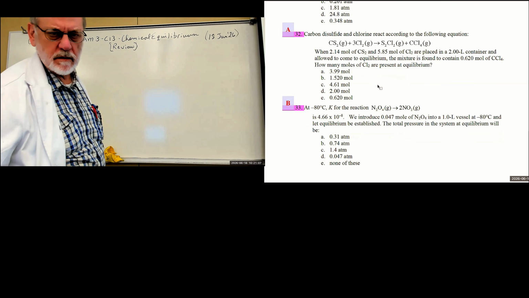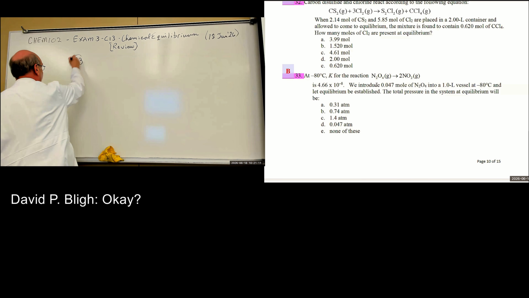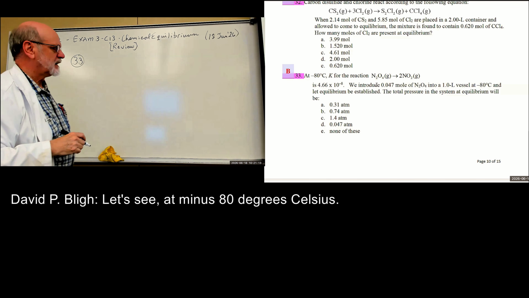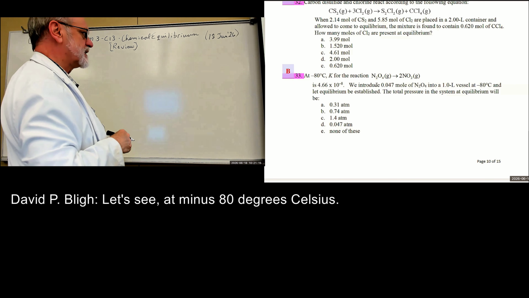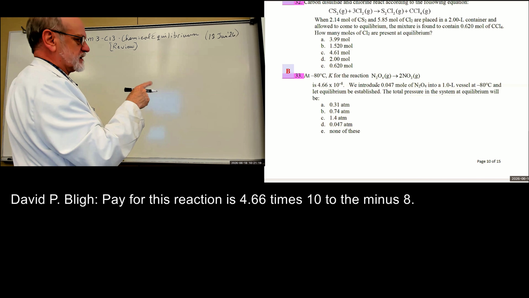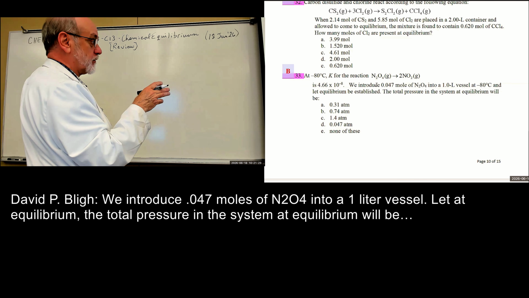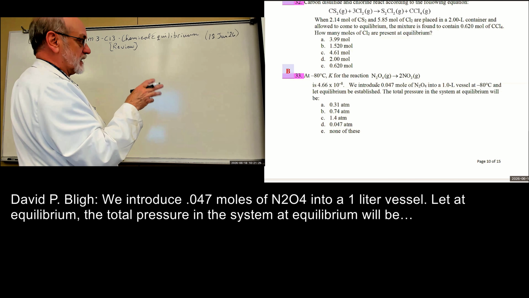33. Let's see, at minus 80 degrees Celsius, K for this reaction is 4.66 times 10 to the minus 8. We introduce 0.047 moles of N2O4 into a 1 liter vessel and let it come to equilibrium.